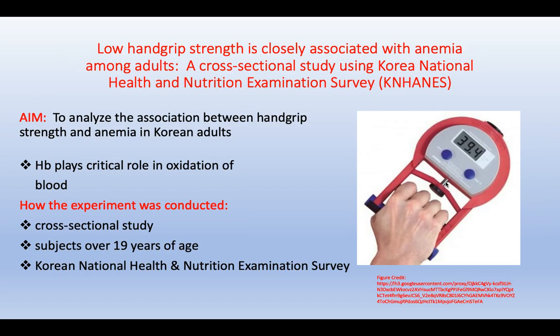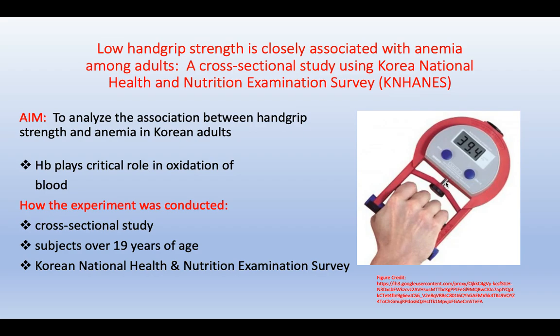Now I would like to talk a little bit about an interesting study done on a Korean population. The scientists were trying to analyze the association between hand grip strength and anemia in Korean adults.